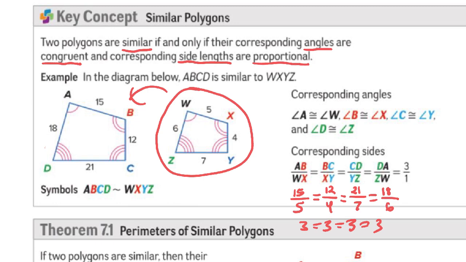If you were going in the other direction, from the large polygon to the small one, you'd be scaling down by a factor of 1/3. Once again, the polygons are similar. Their corresponding angles are congruent, and their side lengths are proportional.